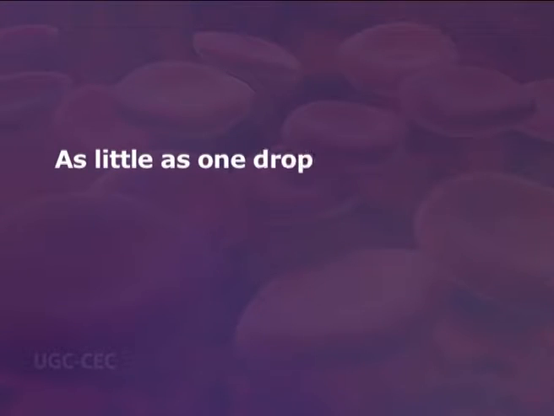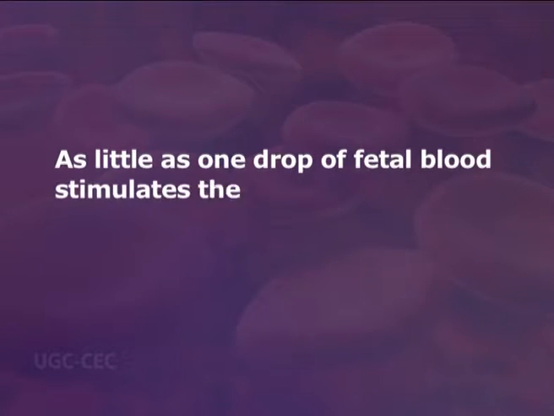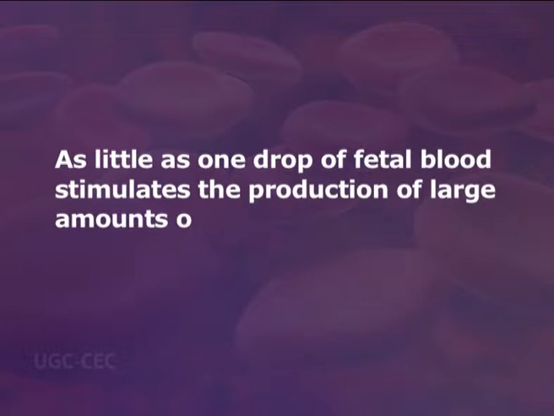Placental ruptures do occur normally at birth so that some fetal blood gets into the mother's system, stimulating the development of antibodies to Rh positive blood antigens. As little as 1 drop of fetal blood stimulates the production of large amounts of antibodies.